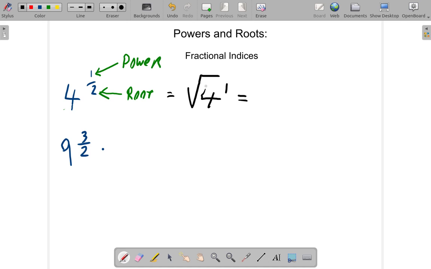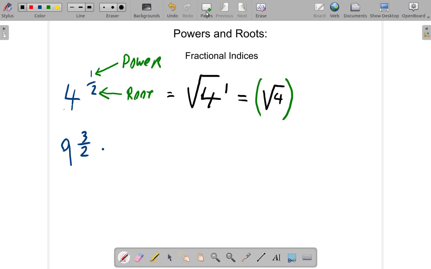In this case, I could raise 4 to the 1 and then find the square root of 4. Or I could find the square root of 4 and raise it to the power of 1. In fact, let's put these in brackets.